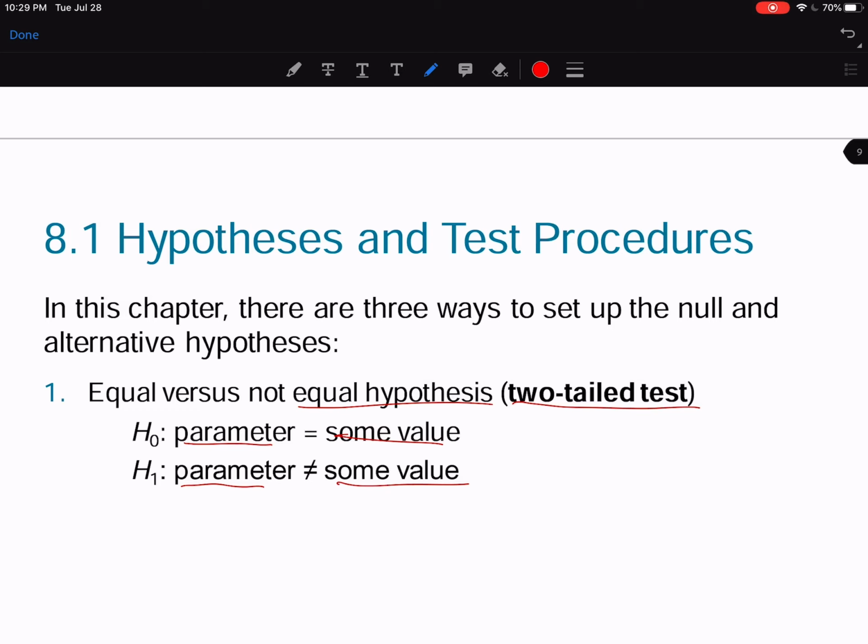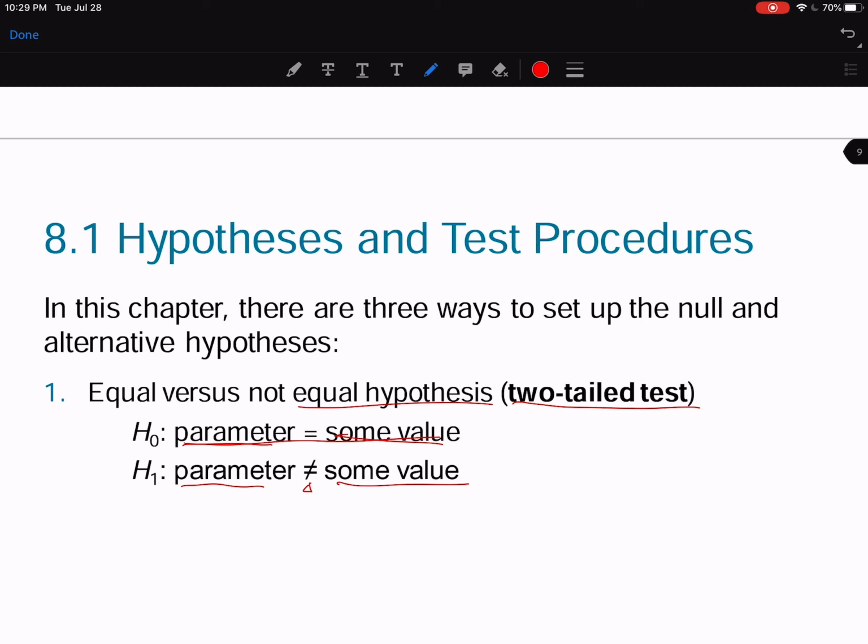As I just mentioned, when we're talking about the definition of a null hypothesis, we know that the null hypothesis is a statement containing an equality, like always. So that's why we have this equal sign over here. And the reason why this is called a two-tailed test is because of this not equal sign here.